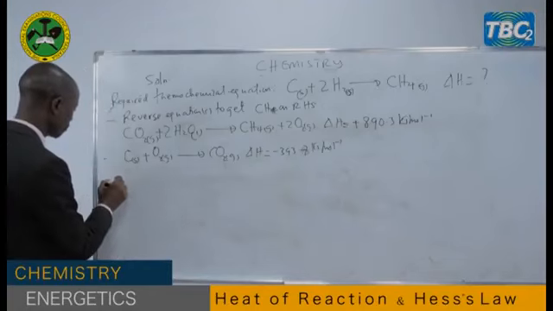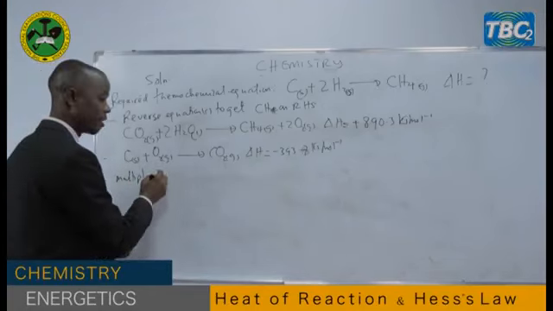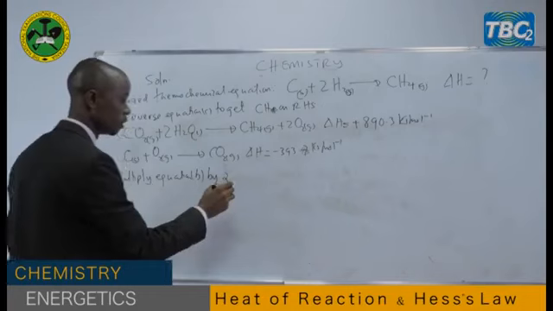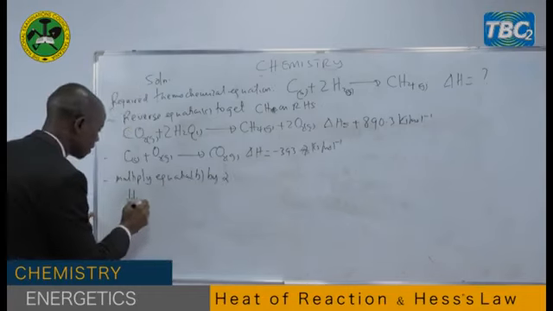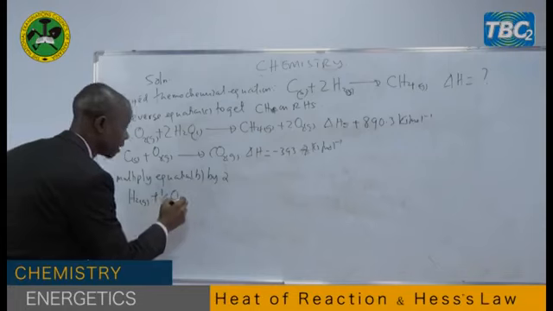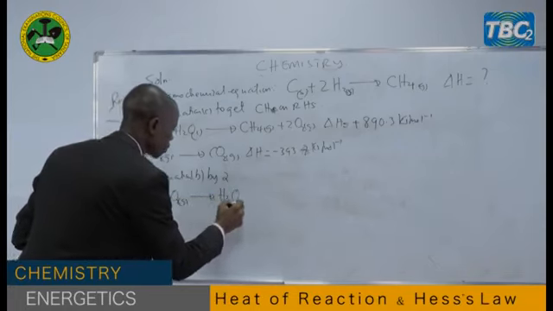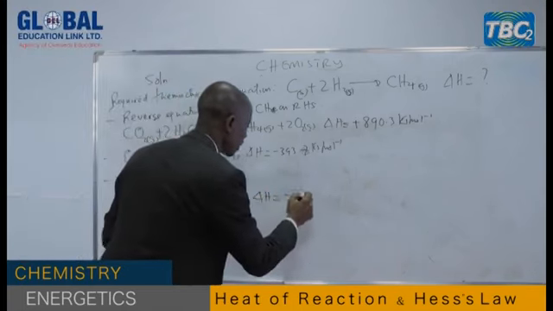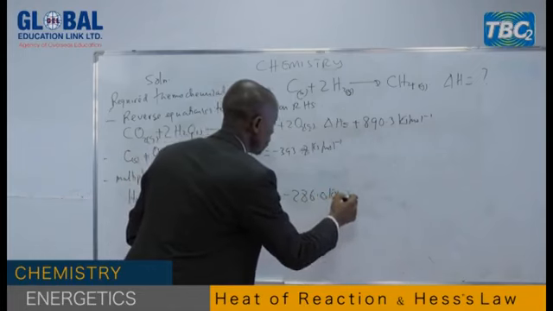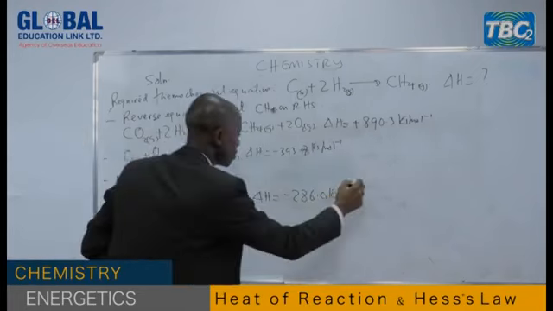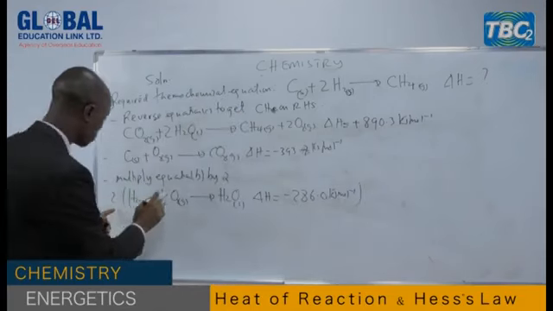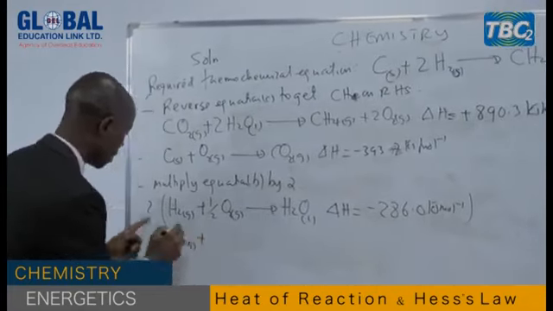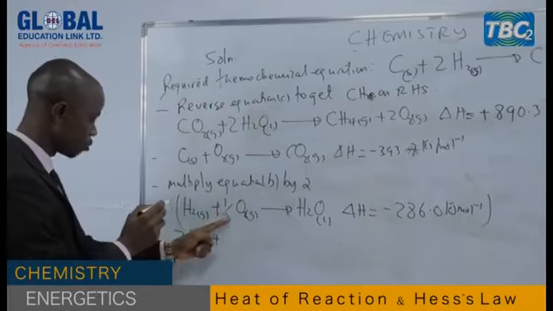So multiply equation B by 2. Now hydrogen gas reacting with a half oxygen gas to give water liquid. The enthalpy change for this reaction will be equal to negative 286.0 kilojoules per mole. You multiply the whole of this equation by 2. So when you multiply, you get 2 hydrogen gas, 2 times a half. These two and these two will cancel.